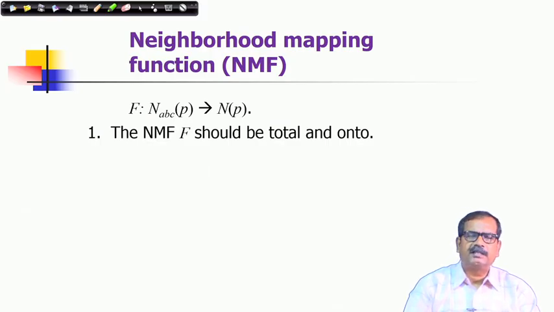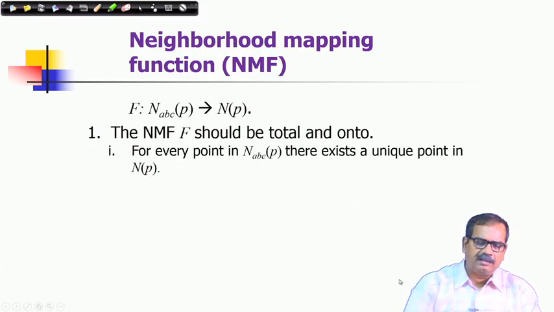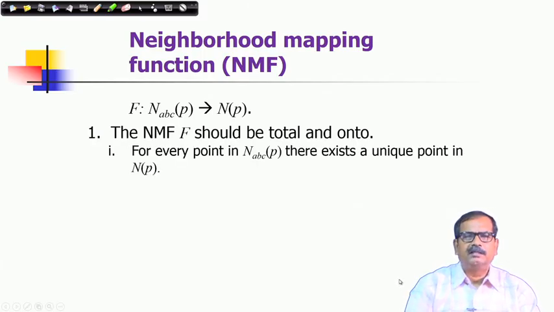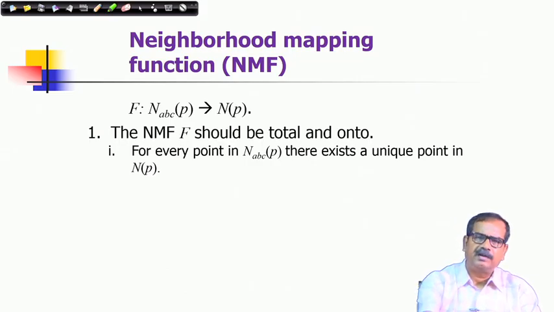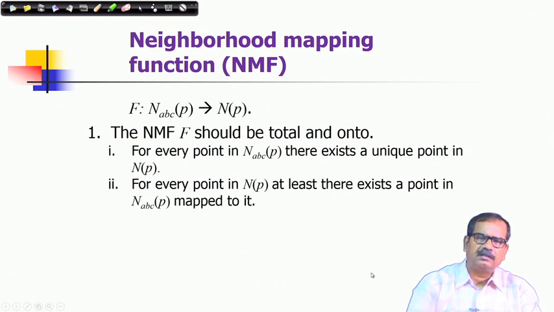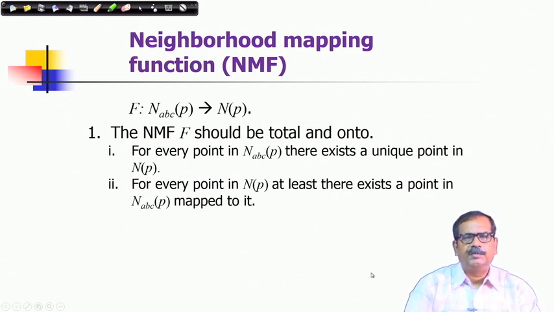So, the first thing is that the function should be total and onto, which means that for every point in the extended neighborhood, there exists a unique point in NP. So, for every point you have to have a definition, you have to have a mapping, that is the total property, and for every point in the 3 cross 3 cross 3 neighborhood, there exists at least one point in the extended neighborhood which has been mapped to it.